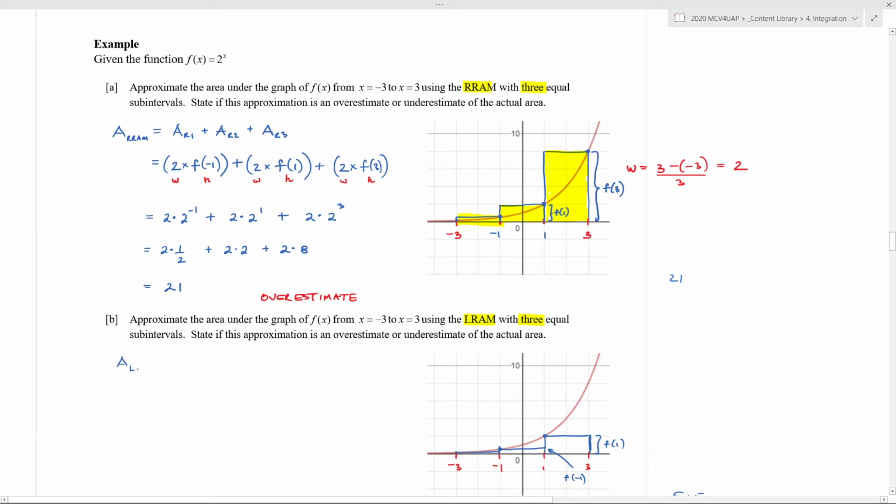Area approximation using LRAM. Again, it's just equal to the area of rectangle 1 plus the area of rectangle 2 plus the area of rectangle 3.